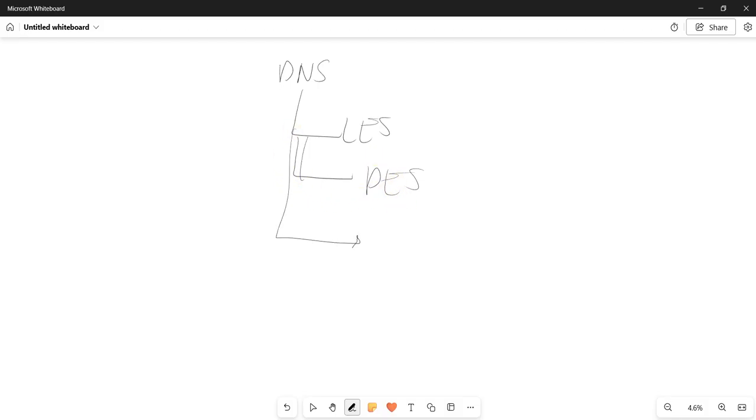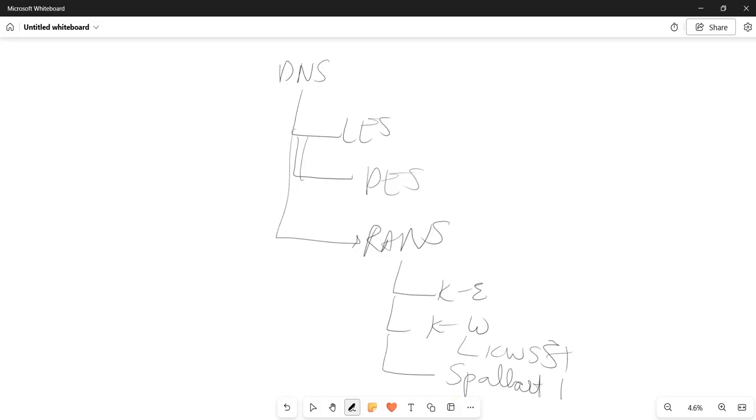So then you have RANS, that is Reynolds-averaged Navier-Stokes, and in this you have K epsilon, you have K omega, and under this you have K omega SST, right? And then you have Spalart-Allmaras, where you have one modified equation.